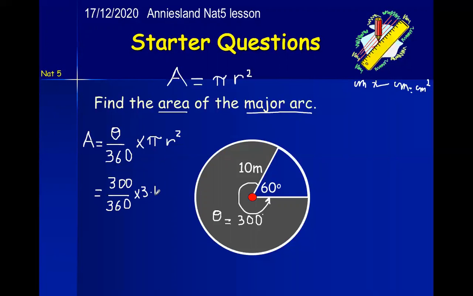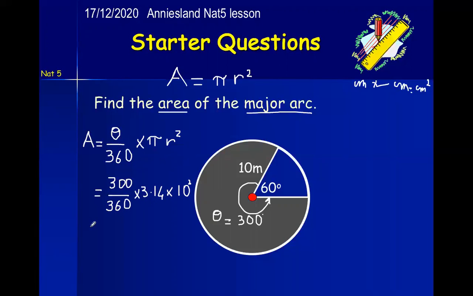And what is r, the radius? 10, yeah, times 10 square. I forgot it's a bigger angle. So that's 100 times 3.14, which is 314.